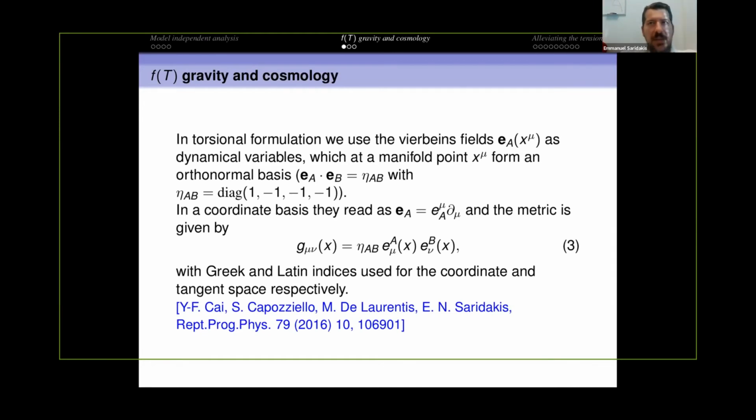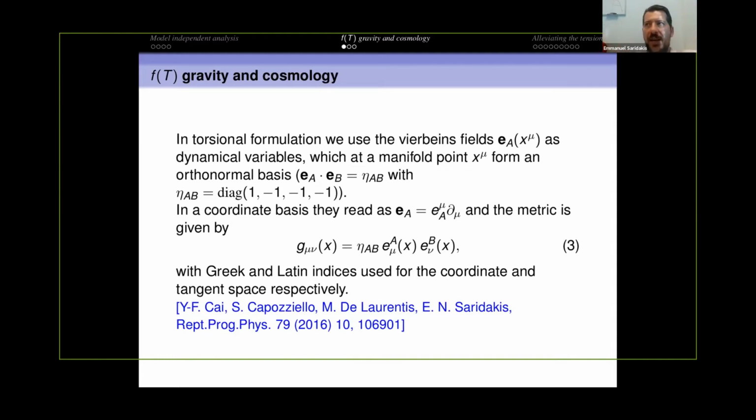In general relativity, we assume the Levi-Civita connection, which is the only connection that has zero torsion by construction. Why? Because it is symmetric. However, there are other connections, and in this framework called teleparallel equivalent of general relativity, one imposes the Weitzenböck connection, which by construction has zero curvature and only torsion.